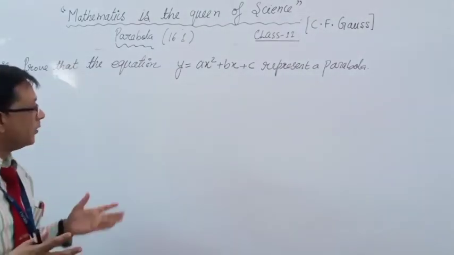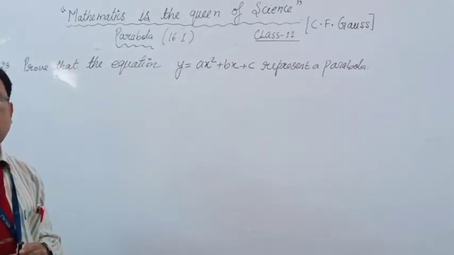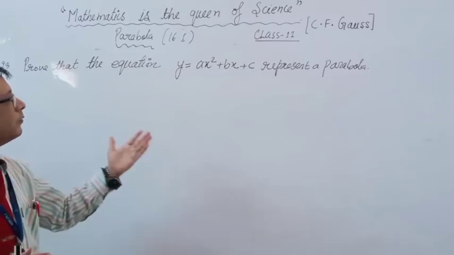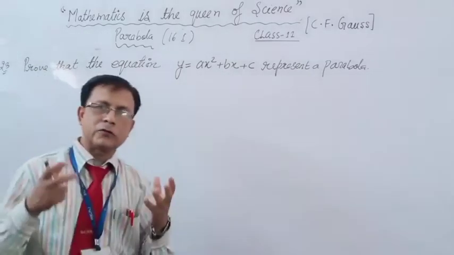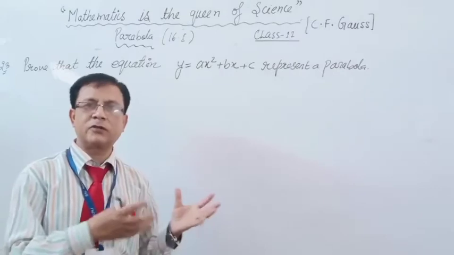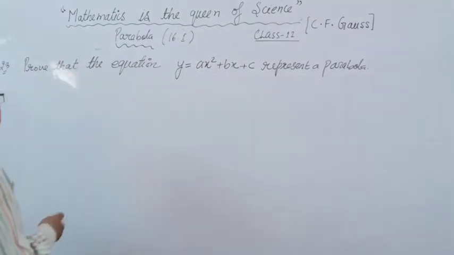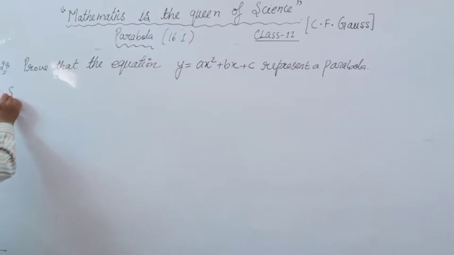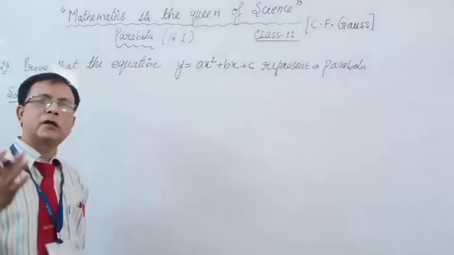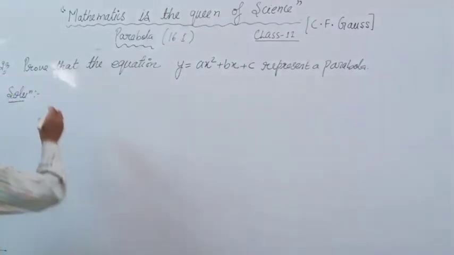But the equation is not written in the standard form of a parabola. So how do we convert this equation into the standard form of the parabola? Let's see the process behind that. Let's start our question with the given equation. Firstly, we write the given equation of the parabola.